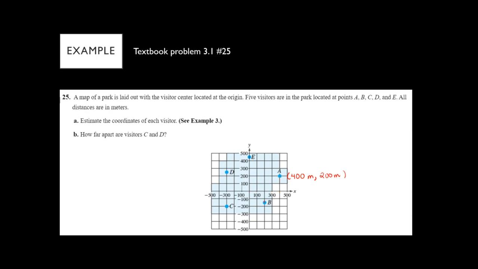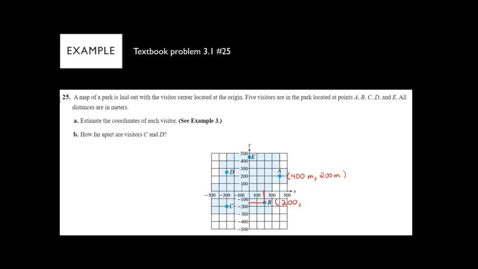Let's go to B. Remember that each thing here is counting by 100. So B is between 100 and 300, and it's halfway, so that would be 200. And then if I go horizontally, I have to estimate where I'm at. We've got a negative 100 and a negative 200.